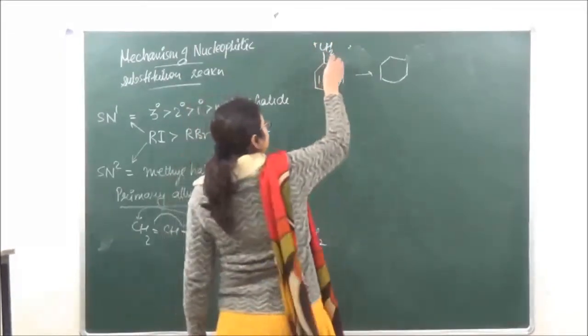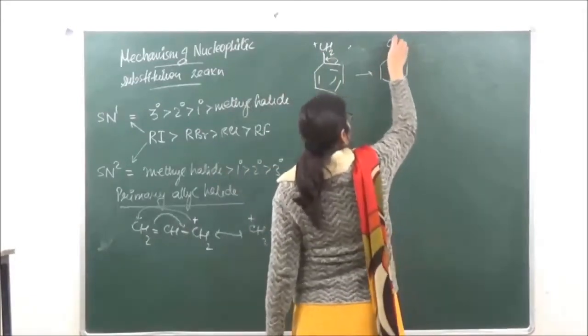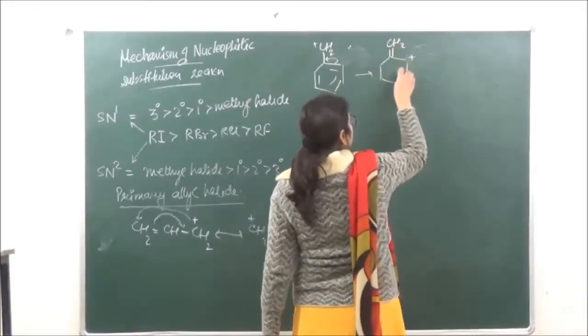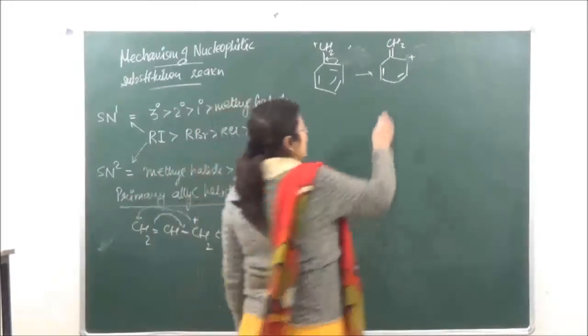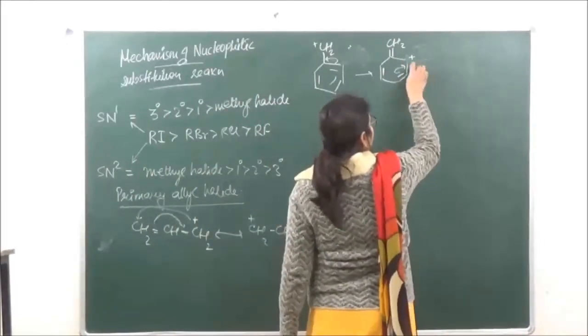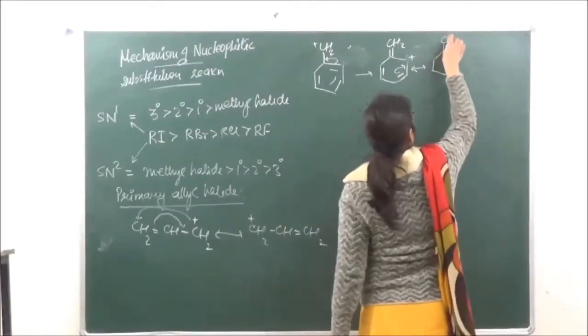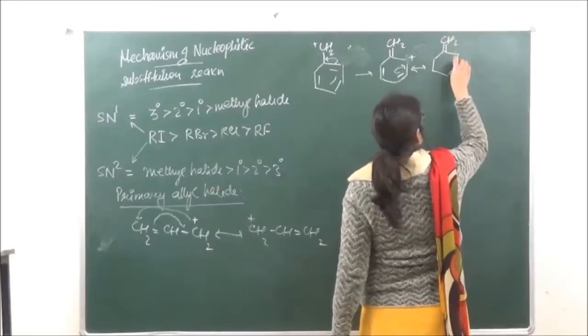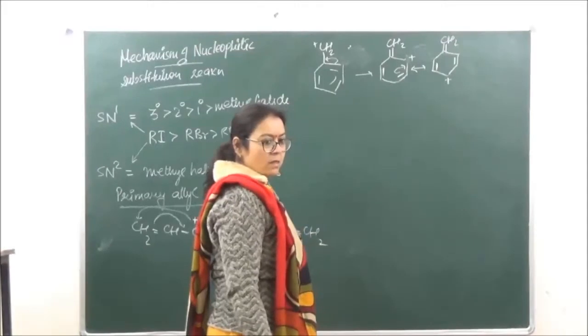So here this is going to go over here and the positive charge will come here such that we have the first structure as positive charge here and this is the first resonating structure. After that this will shift here. The second resonating structure which we have, that is double bond CH2, the positive charge shifts, okay?